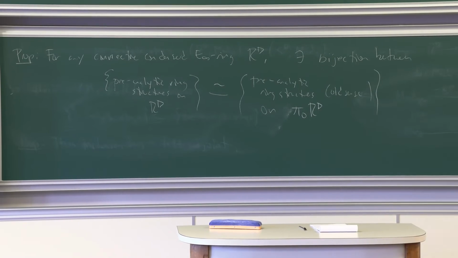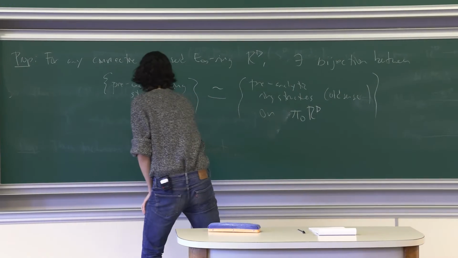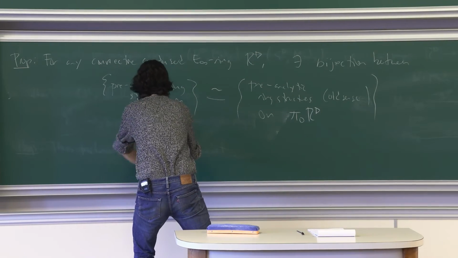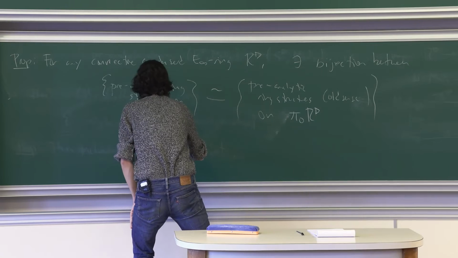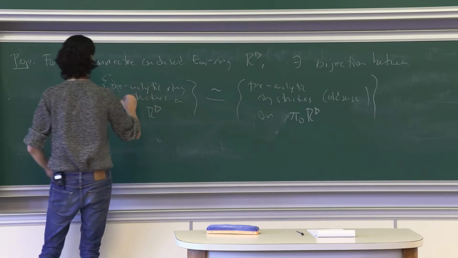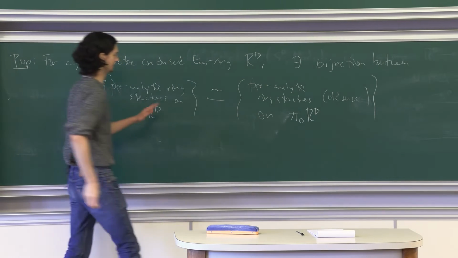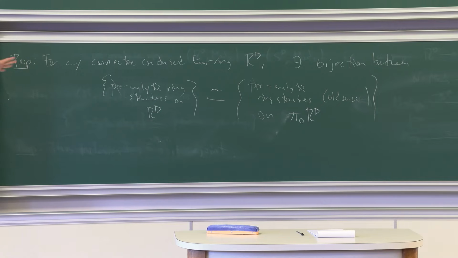And also, analytic matches up with analytic, or complete, so I could also remove the pre from both sides. So this bijection restricts to a bijection on the level of analytic ring structures.